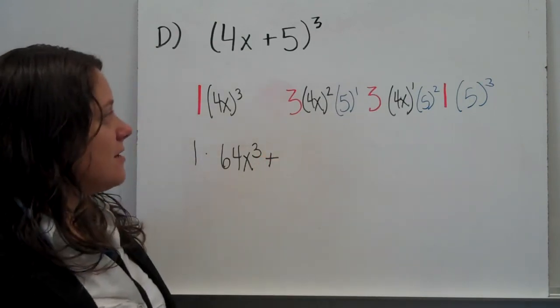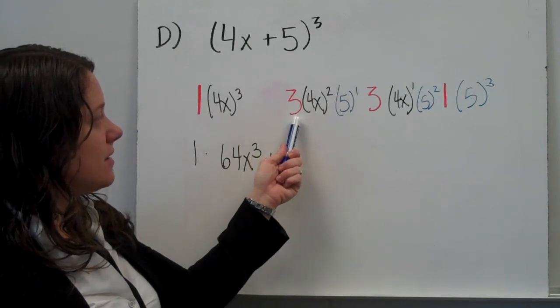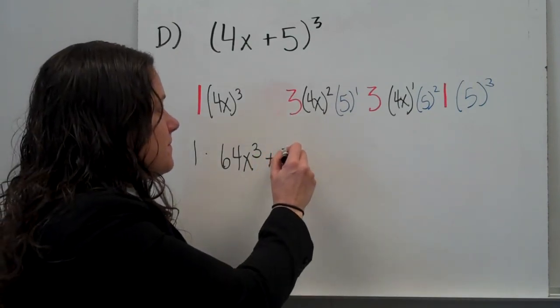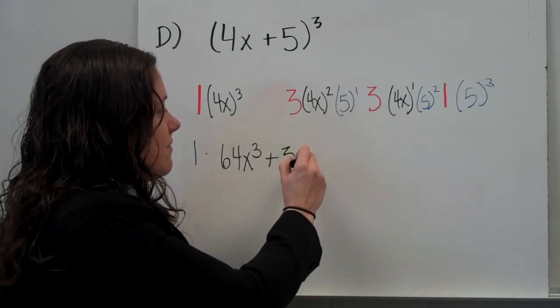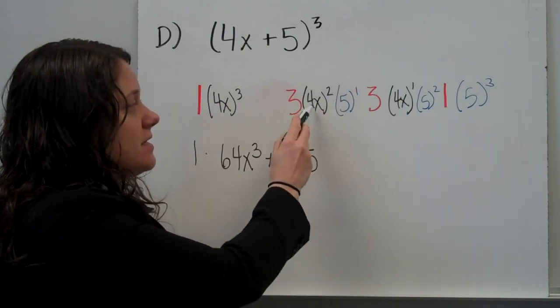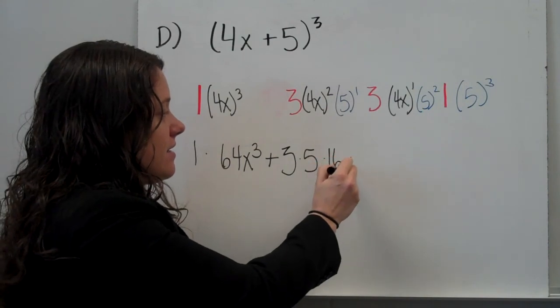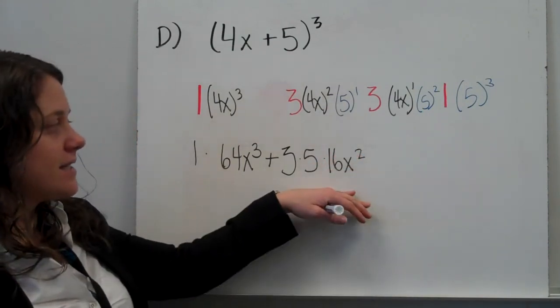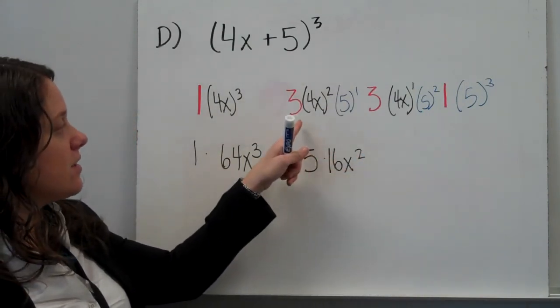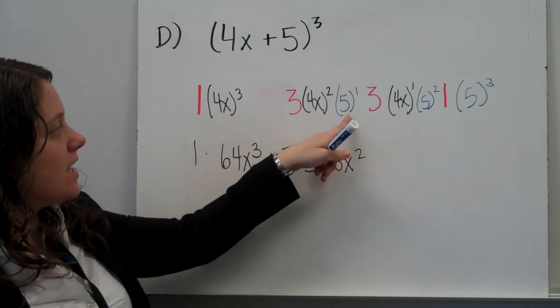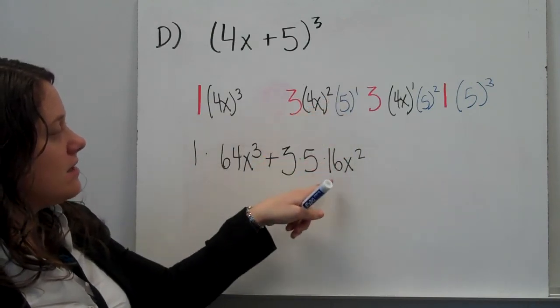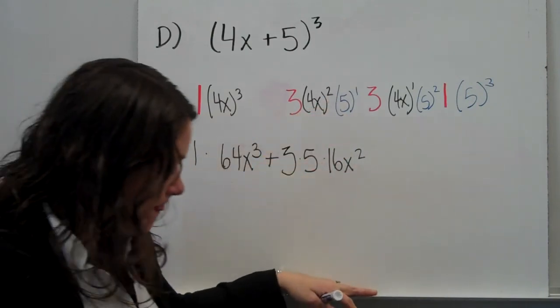So I have plus. Now, I'm going to do 3 right here times this 5, and then this is going to be actually 4 squared, so that's going to be 16x squared. Okay, and the next step I will simplify that. So you can see I did the 3, I did the 5, and then 4x squared is 16x squared.